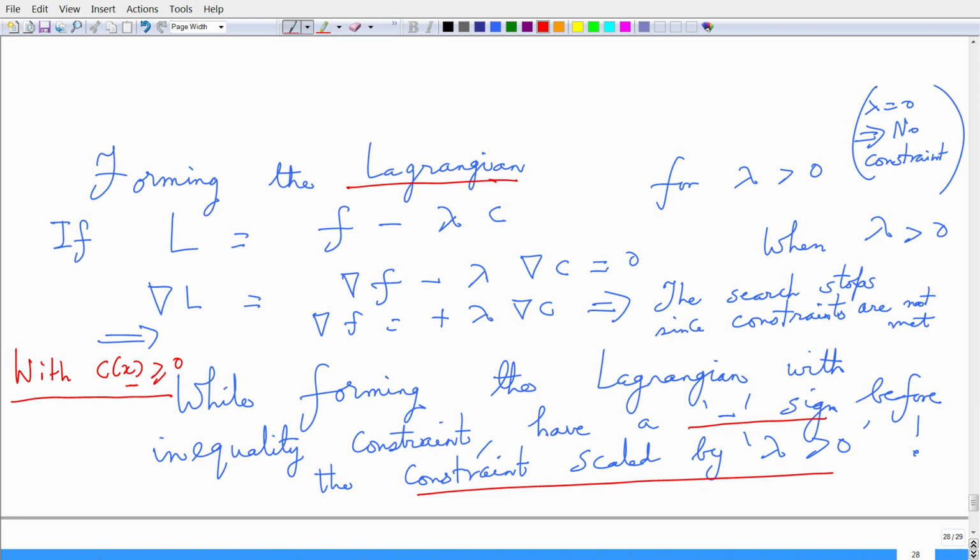So, therefore, while formulating the Lagrangian with inequality constraints, we need to put a negative sign before the constraint scaled by some Lagrange multiplier lambda, which is greater than or equal to 0 or greater than 0. This sign is very important, because if it is not there, your whole search is meaningless.